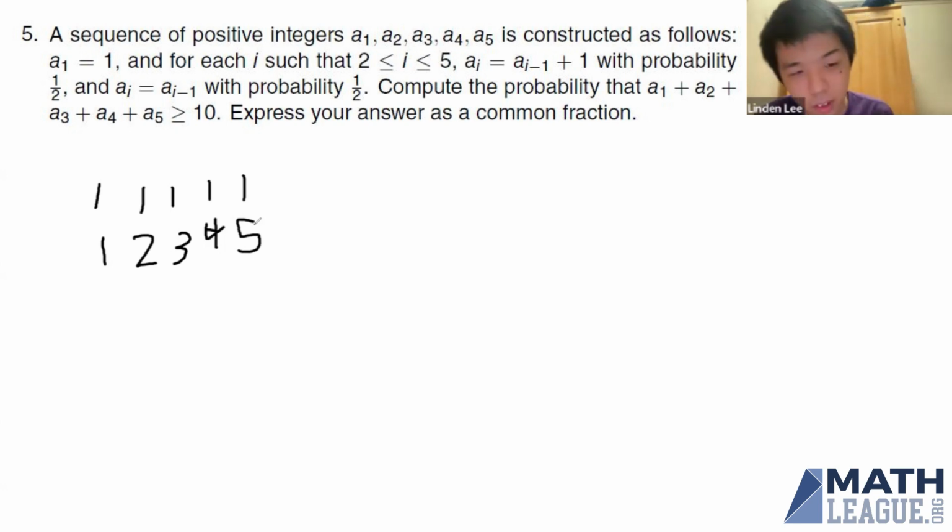So why don't we take a look at the behavior of this sequence. If the first term is 1, the second term is either 1 or 2 with probability 1/2.